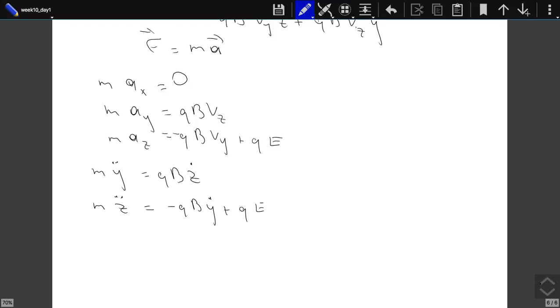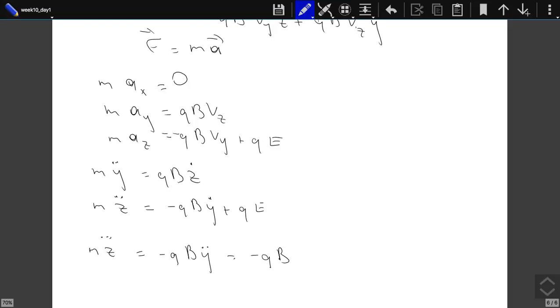Now to solve them, let's just take the time derivative of the second equation. I get m z triple dot, which should be equal to minus QB y double dot. Q times E is just a constant, so its time derivative is 0.